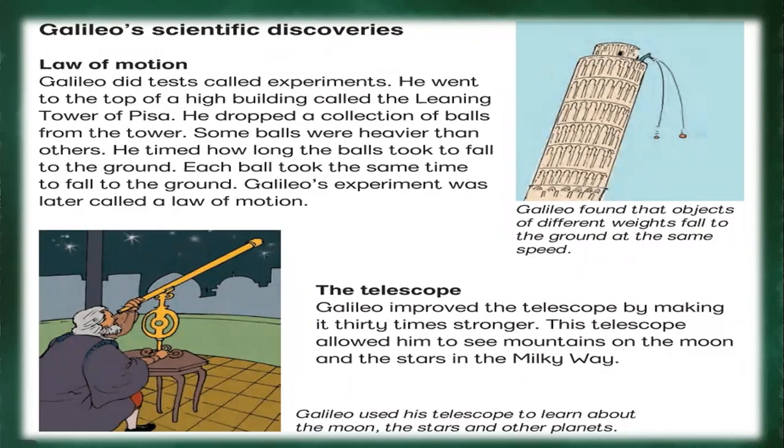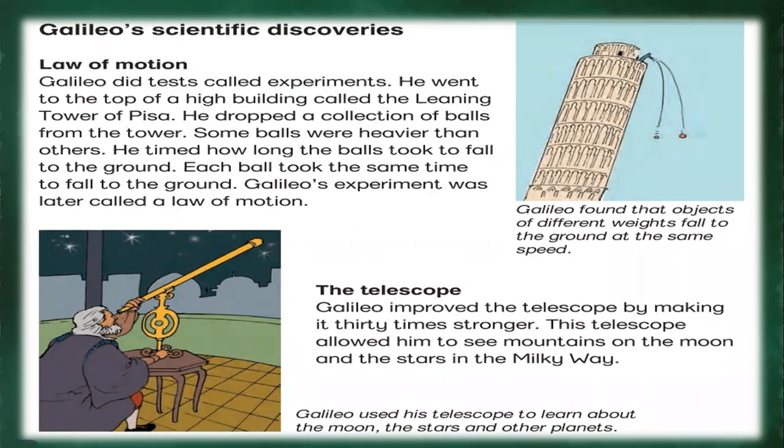Yes, ma'am. Thank you very much, my boy. Nice. So here they are telling us about Galileo's scientific discoveries. He discovered the law of motion and also the telescope. The law of motion is that he found that objects of different weights fall to the ground at the same speed.